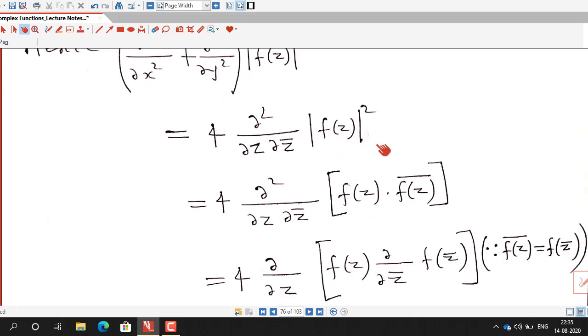of mod f of z square. Now here we are using the property that mod z square is z into z bar. So therefore instead of z we have mod f of z, so it is f of z into conjugate of f of z.